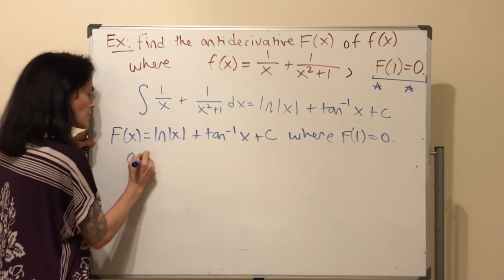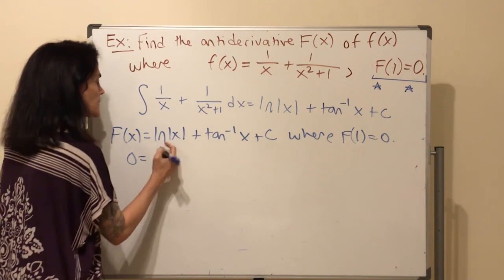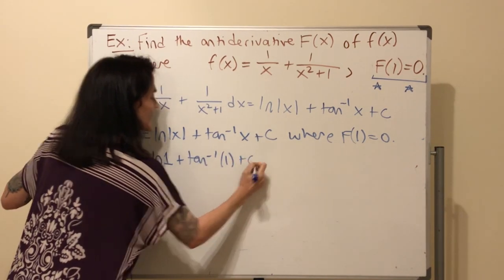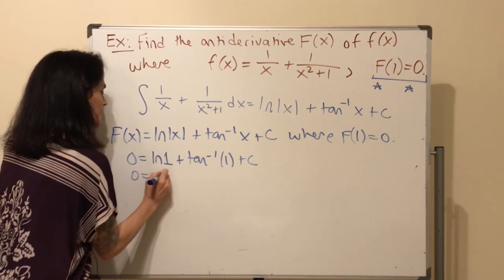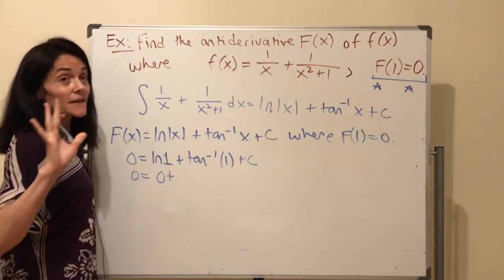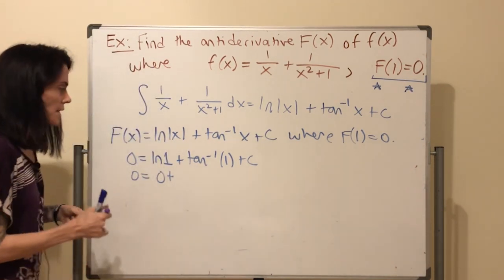So we set 0 to be, now I evaluate this at 1. Natural log of 1, 0. Tan inverse of 1. Oh, this is a very nice problem.